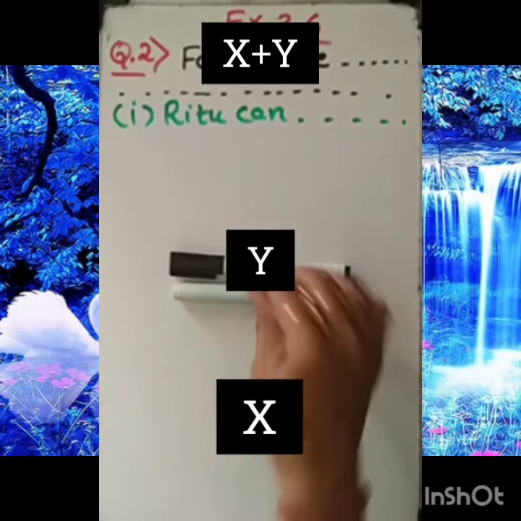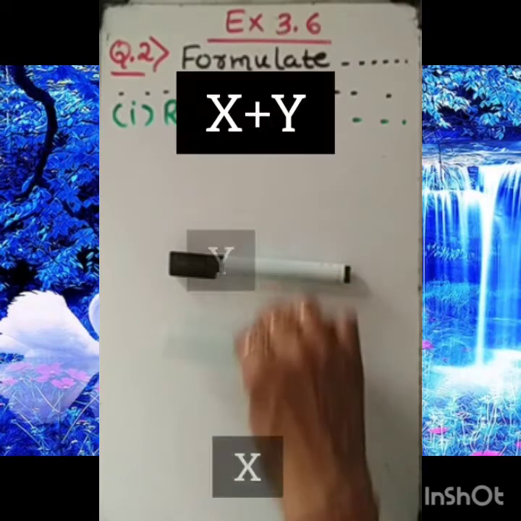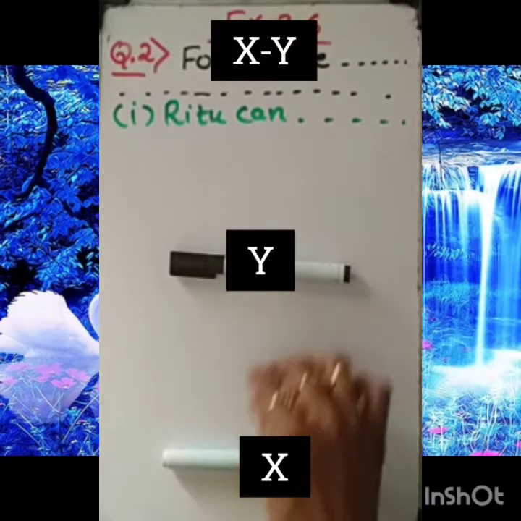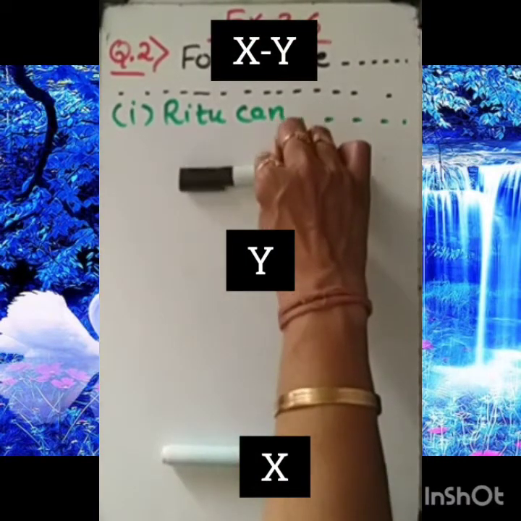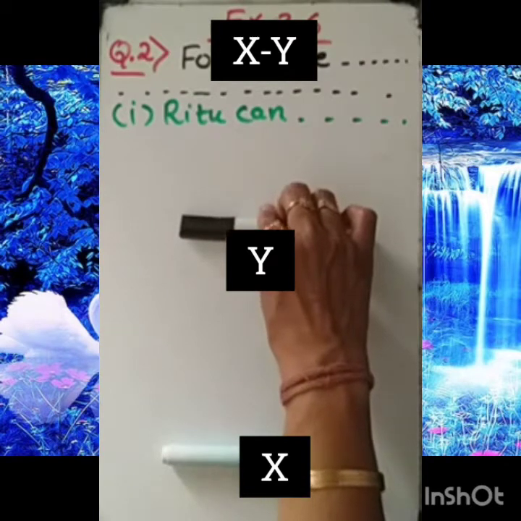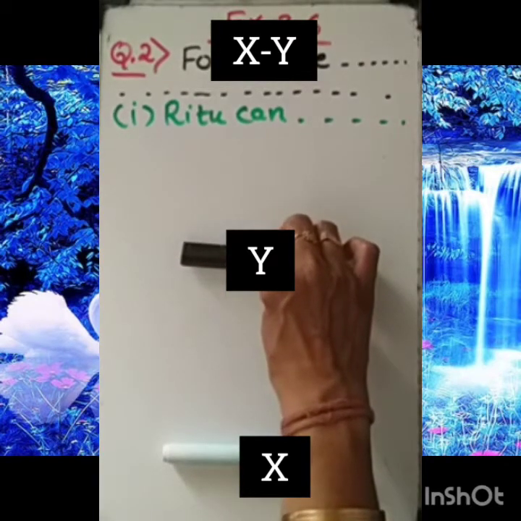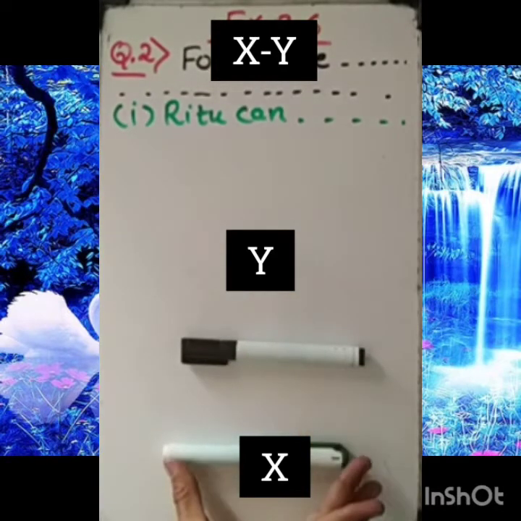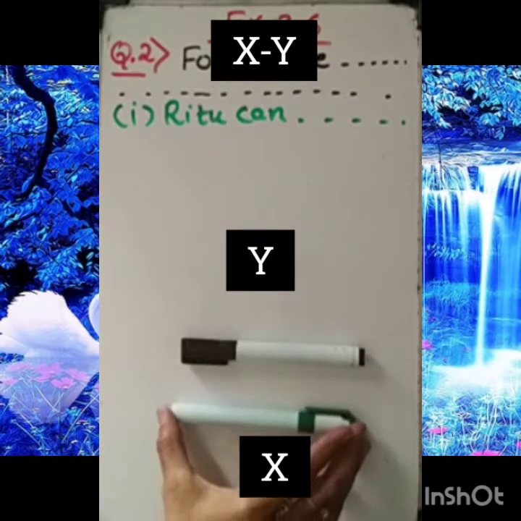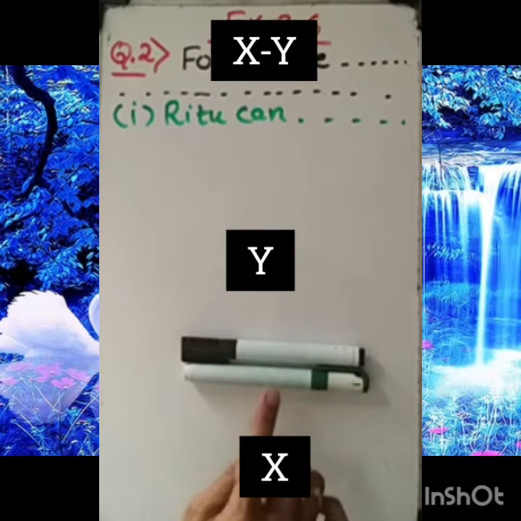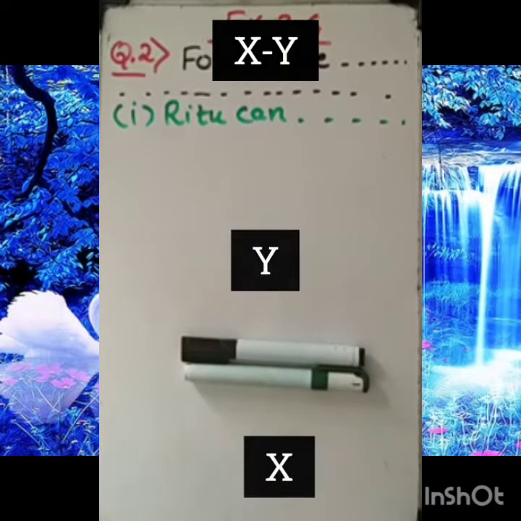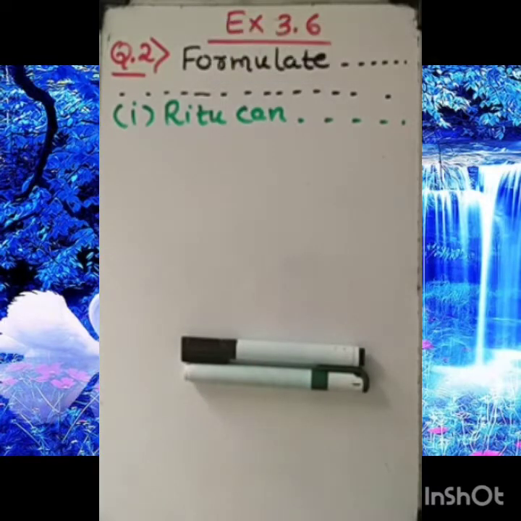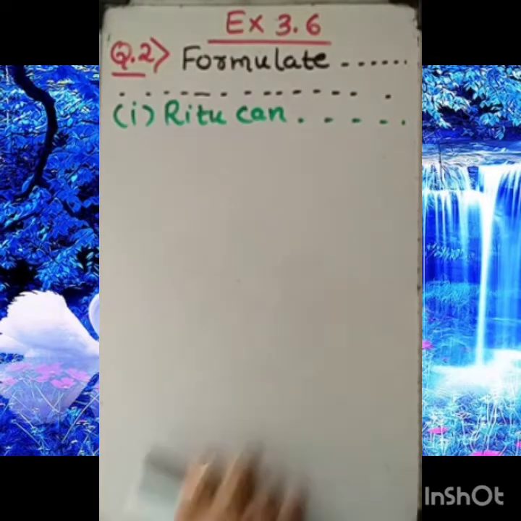But if you are going in the opposite direction, the stream is flowing from the other side and you are moving against it, then it will become x minus y. Fine. Now keeping this in mind, we are going to solve the question.